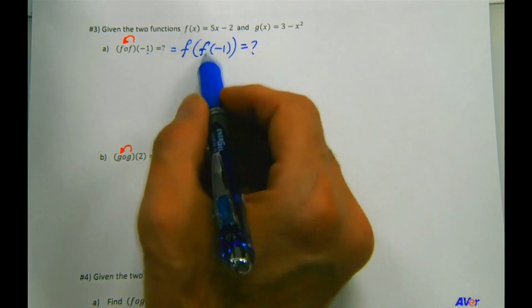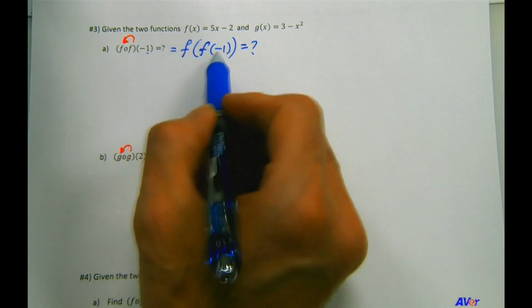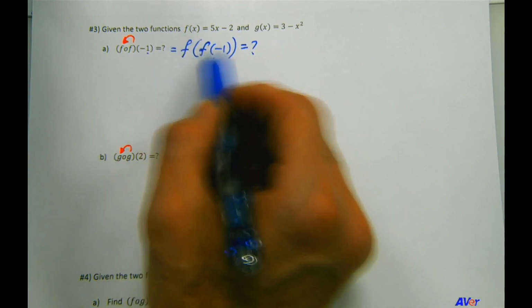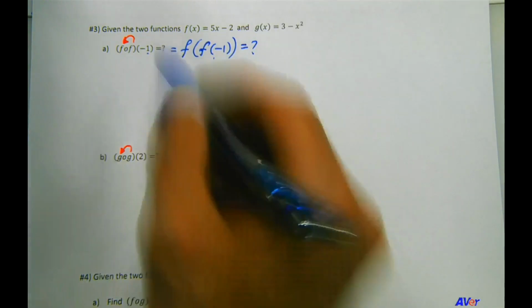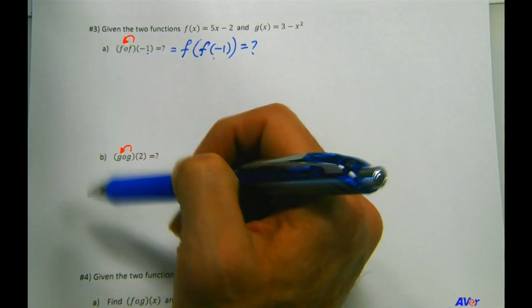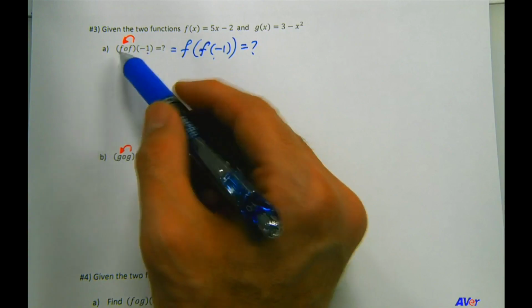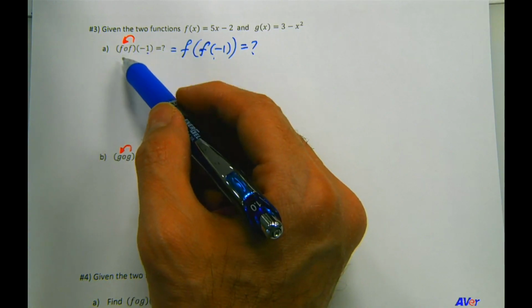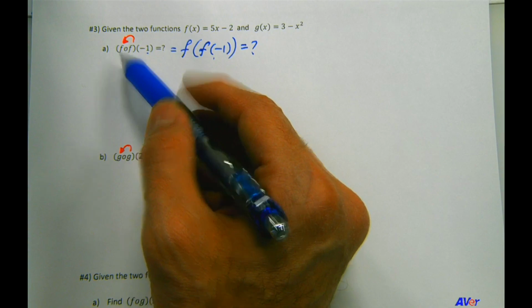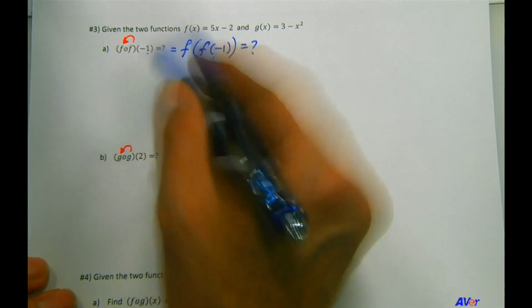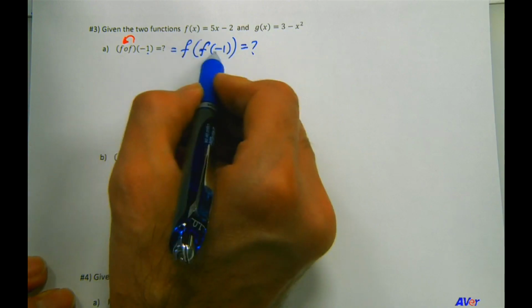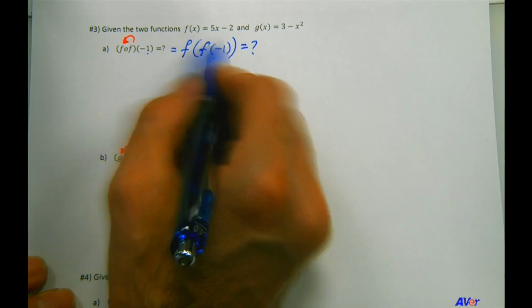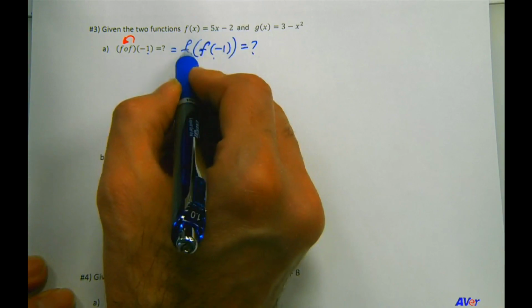So we can simply calculate f at -1 and replace whatever the result back into f again. In number 4, we'll get to when we're asked to calculate the composite function at a variable. Okay, so let's first find function f at -1 and then put the result back into f again.